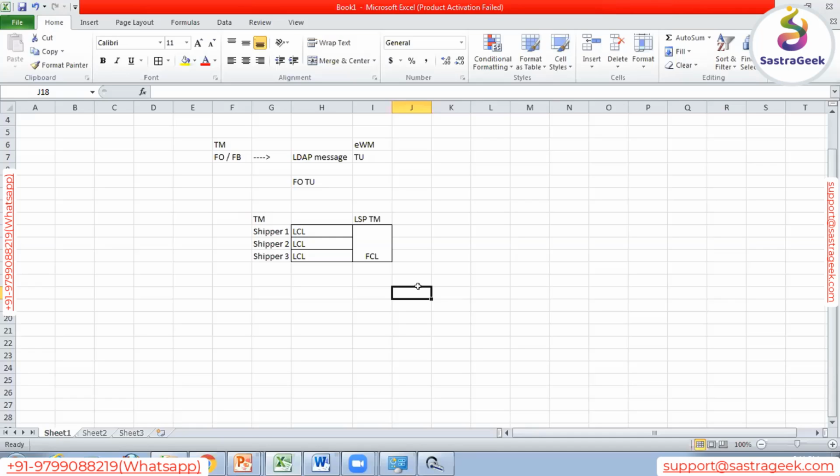But it's not a thumb rule, it's just how the terminology is used. Basically, LTL and LCL are generally the same thing. LTL and LCL, in SAP TM world, are almost the same.